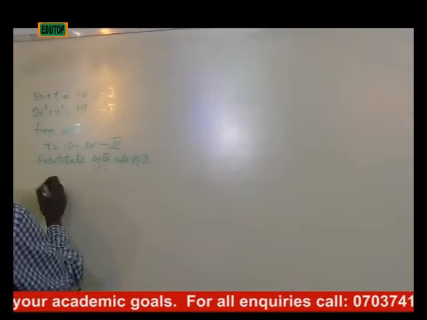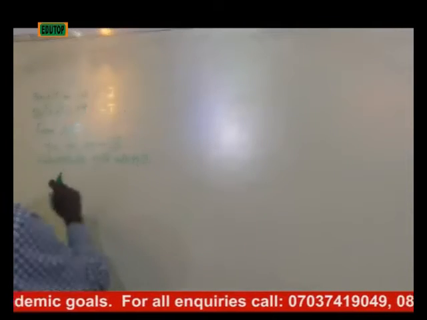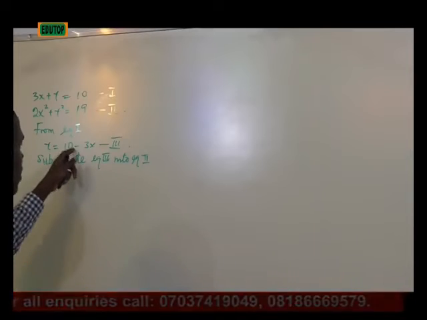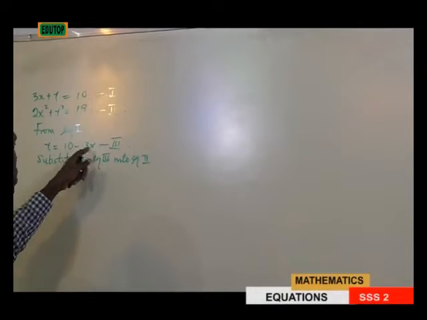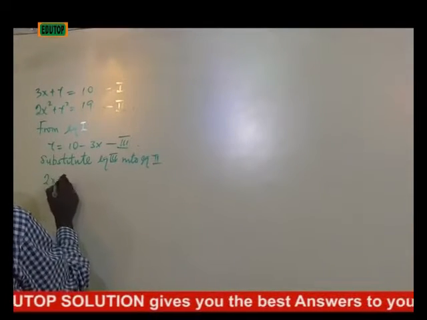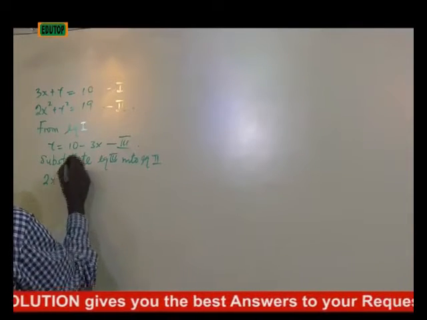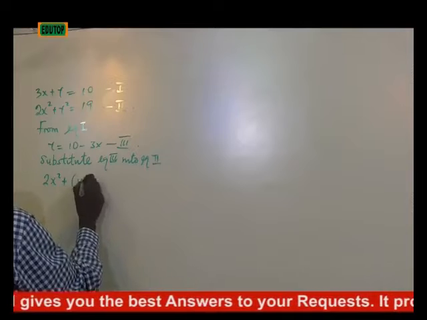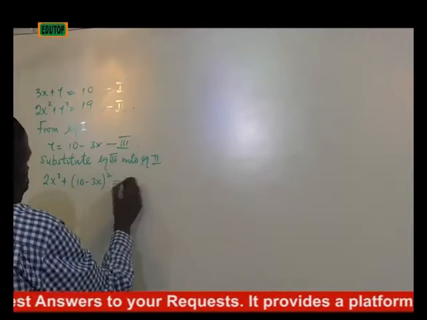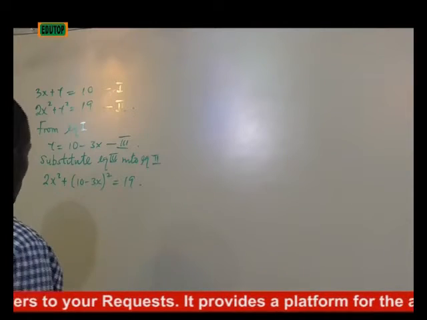So by so doing, that means anywhere we come across our y, we replace it with 10 minus 3x. So here we have 2x squared plus y, our y now is going to be 10 minus 3x all squared, equal to 19.